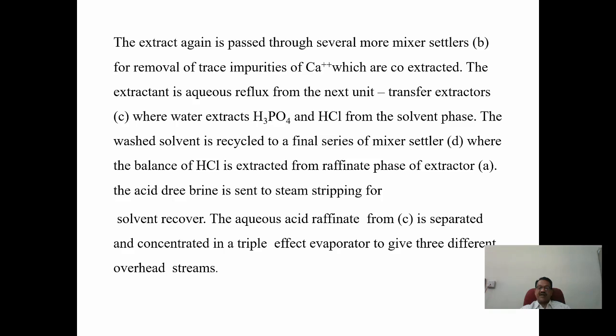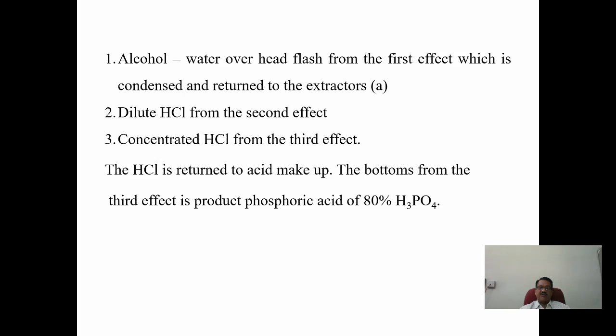The aqueous acid raffinate from C is separated and concentrated in a multiple effect evaporator to give different overhead streams. Number one, water overhead flash from the first effect, which is condensed and returned to extractor A. Second, the dilute HCl from the second effect evaporator and concentrated HCl from the third effect evaporator.